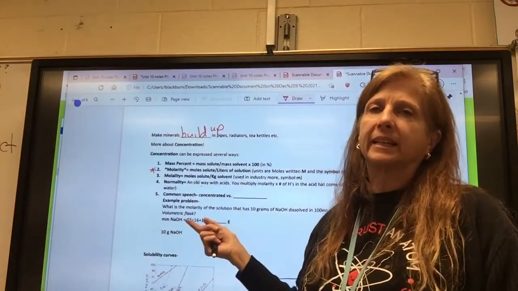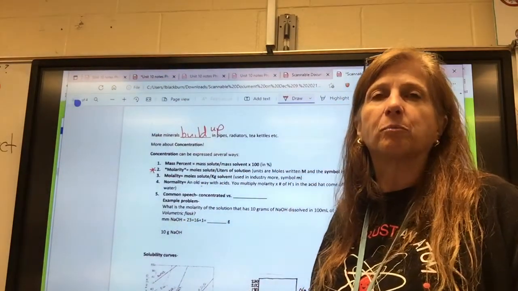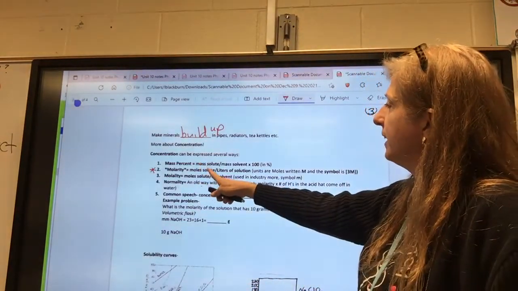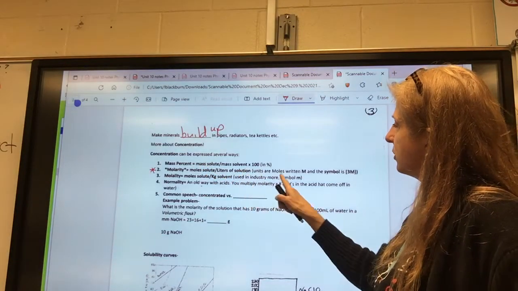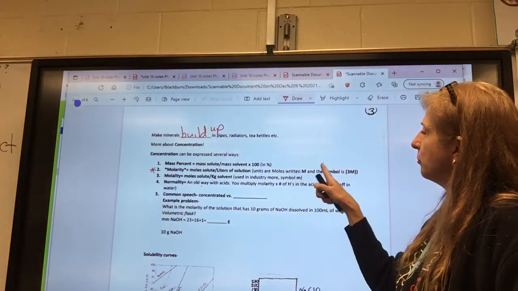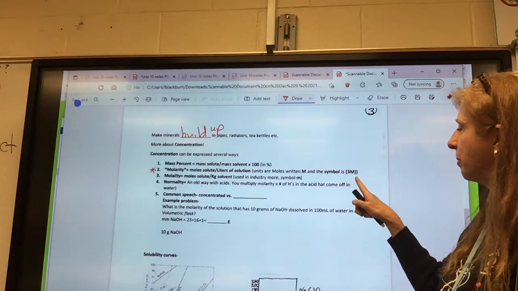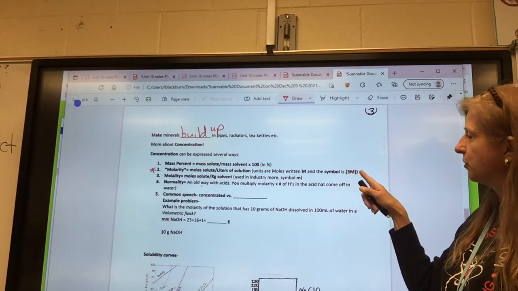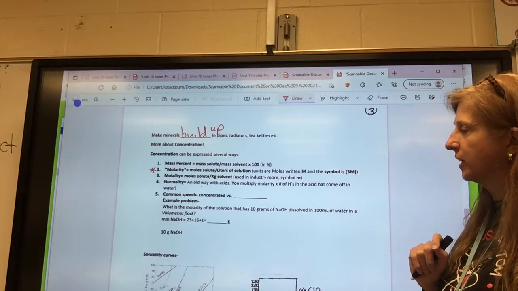That tells you the concentration, and the 6M is more concentrated. It's stronger. Molarity is the moles of solute divided by liters of solution. The units are moles per liter, written as big M, and the symbol is written in square brackets. So you put square brackets around the concentration and then a big M. That's what we do in chemistry class.